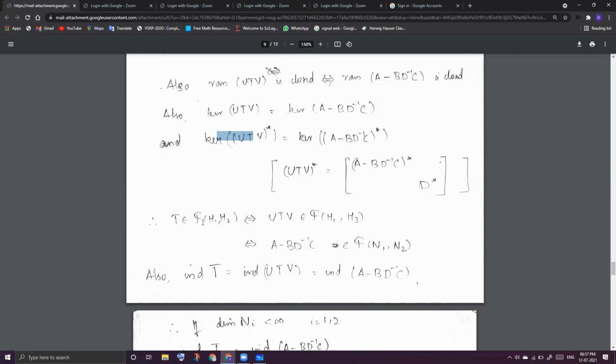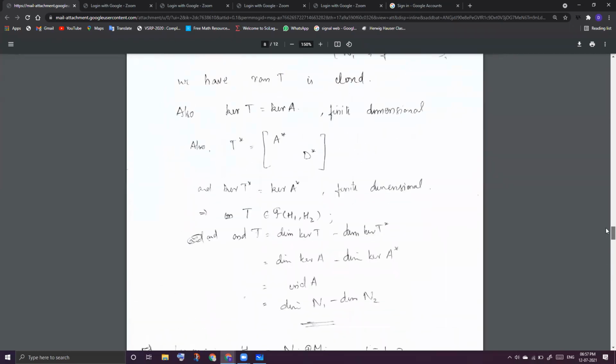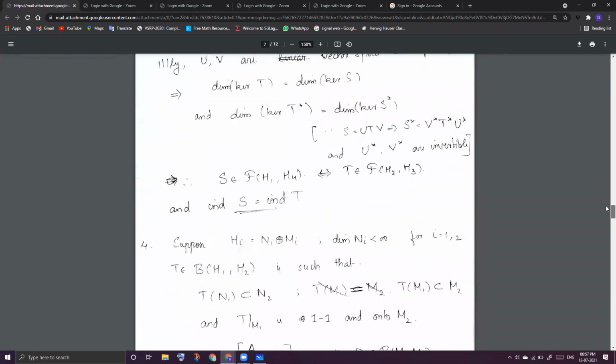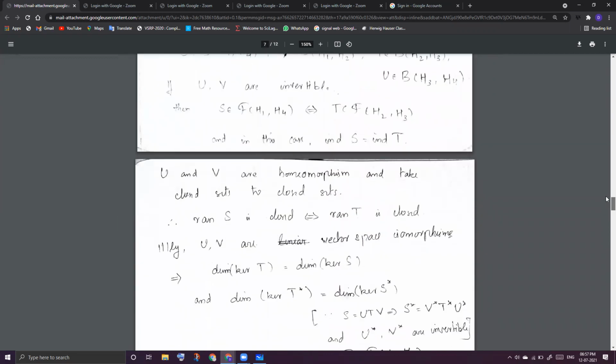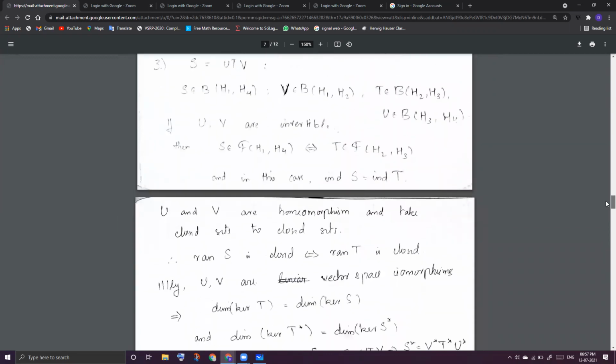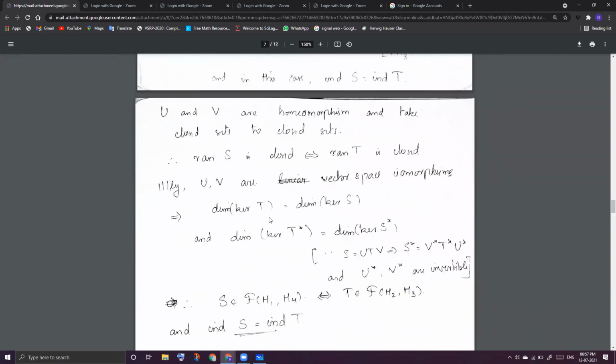And again, index of T is going to be index of UTV. We have proved this before, U and V are invertible. So index of T is index of UTV. This result: if S is equal to UTV, then index of S is equal to index of T, and S being Fredholm is equivalent to T being Fredholm.